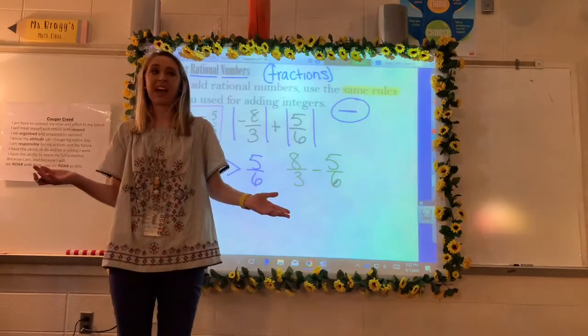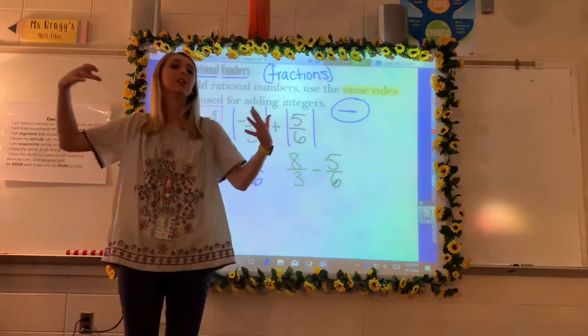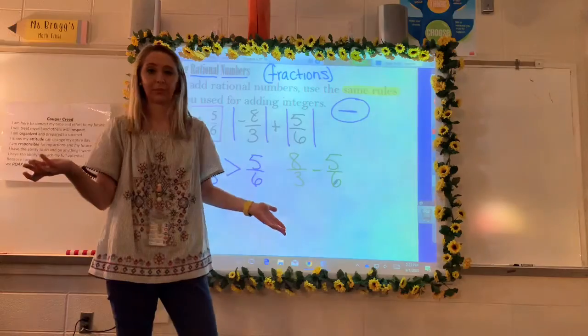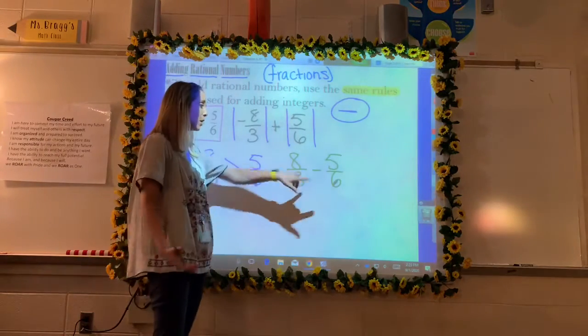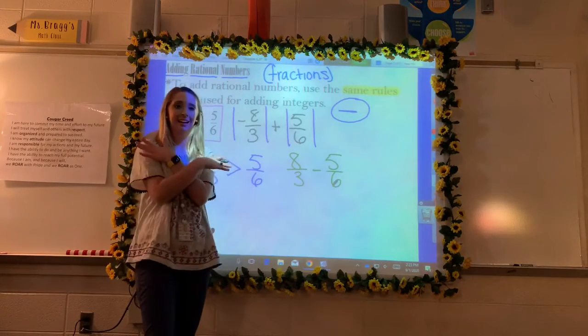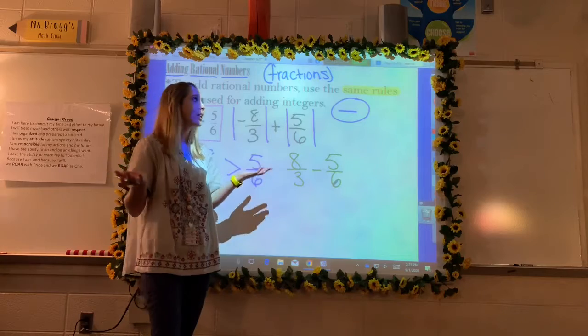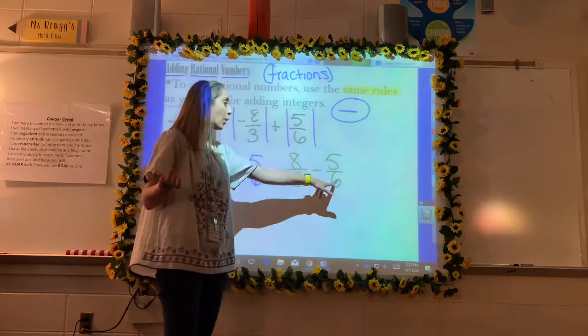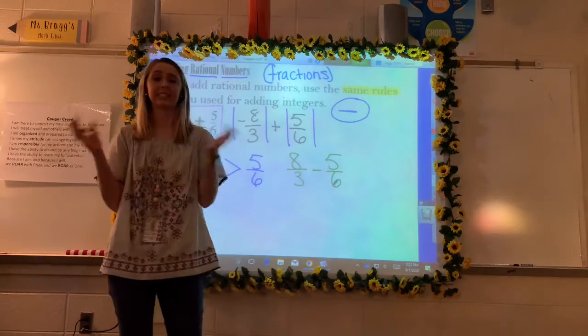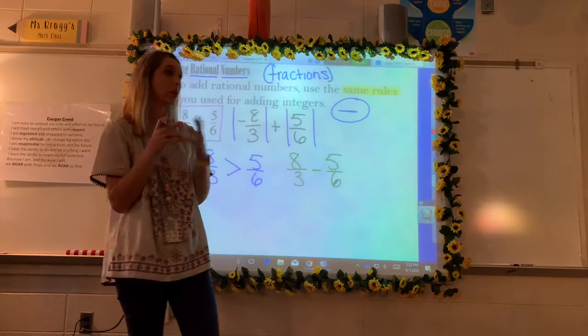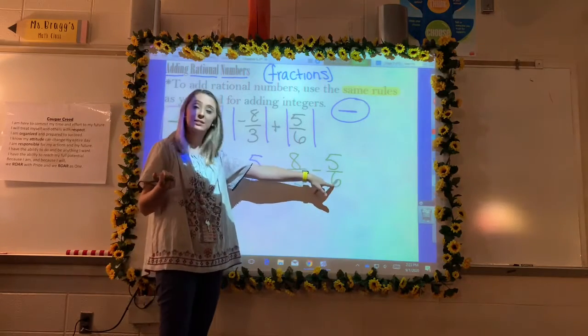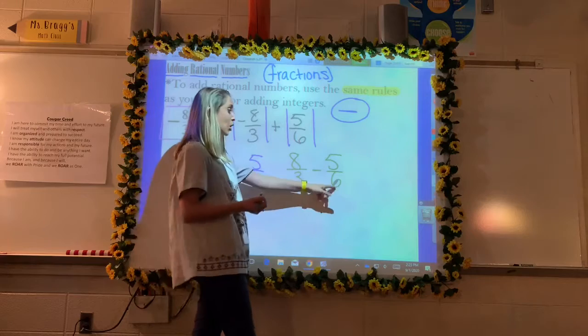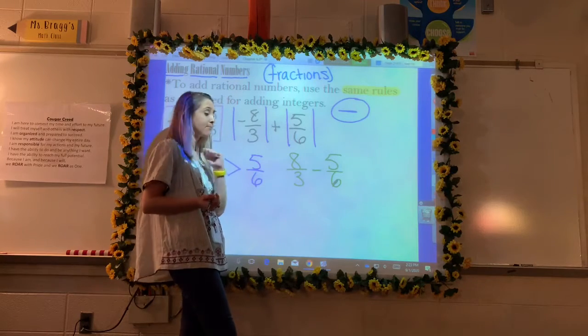There's something they have to have. They have to have the same denominator or common denominator, right? They have to be the same. Well, 3 and 6, not the same. Can't do it. So we need a number that 3 and 6 both can go into. Well, 3 can go into 6 and 6 can go into 6. So we're going to use 6, okay?